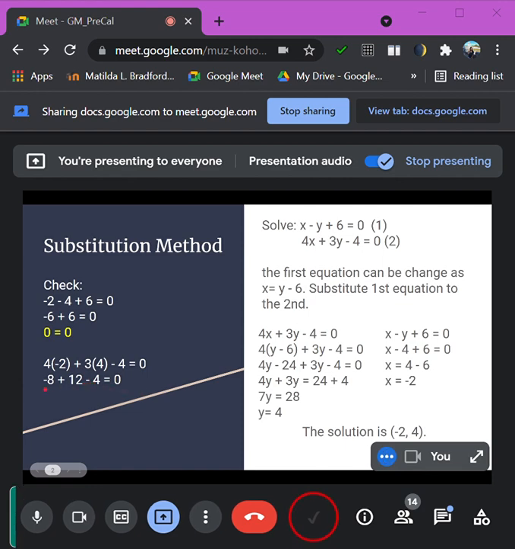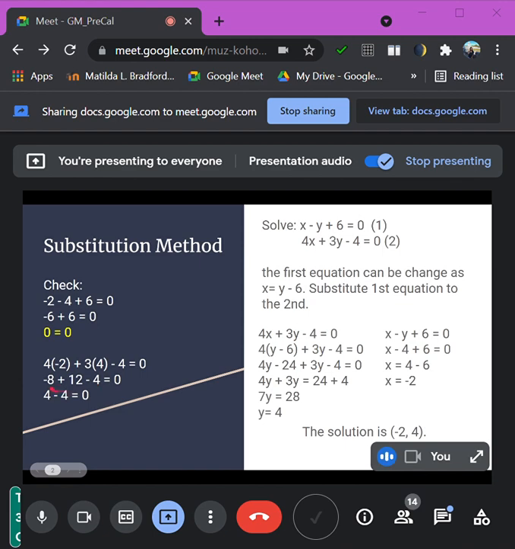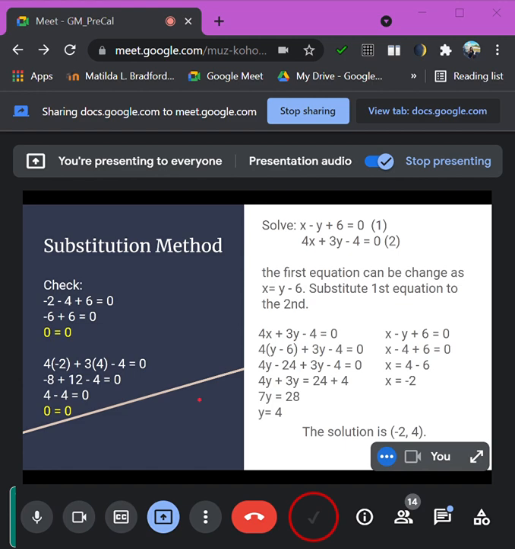So negative 8 plus 12 minus 4, that is 4 minus 4. And then 4 minus 4 is equivalent to 0. So still, negative 2 and 4 is a solution of our second equation. Okay, so you have two ways. You can use the graph and you can use as well the checking or substitution method in checking.